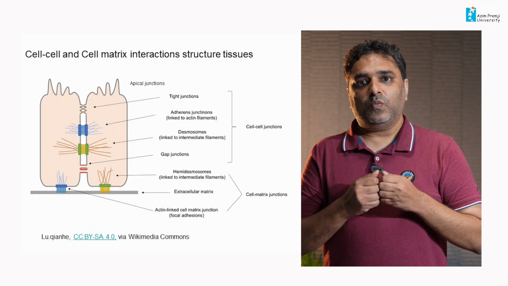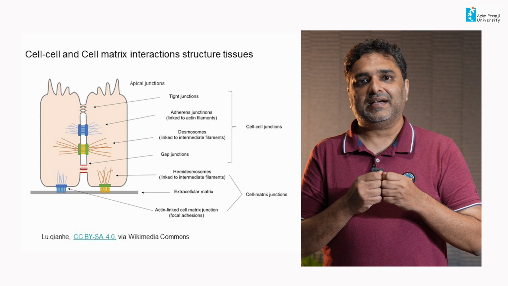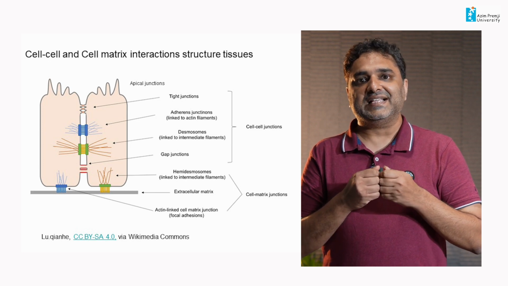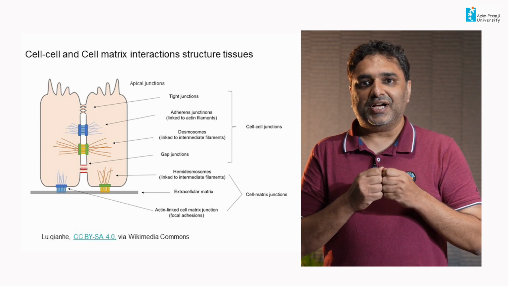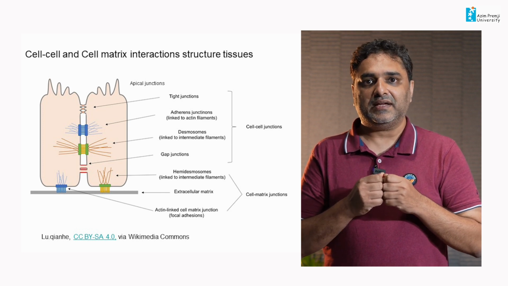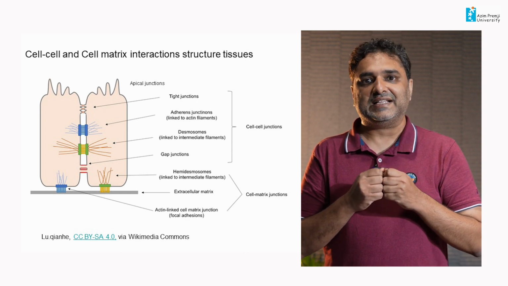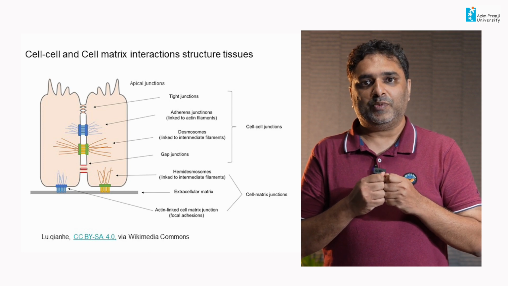In this slide, we see the specific structures that these cytoskeletons are connecting to that allow cells to connect with each other as well as to their underlying protein sheets. The junctions have specific names depending on their functions as well as their structure as well as their locations. At the very top, you have what are called the apical junctions.